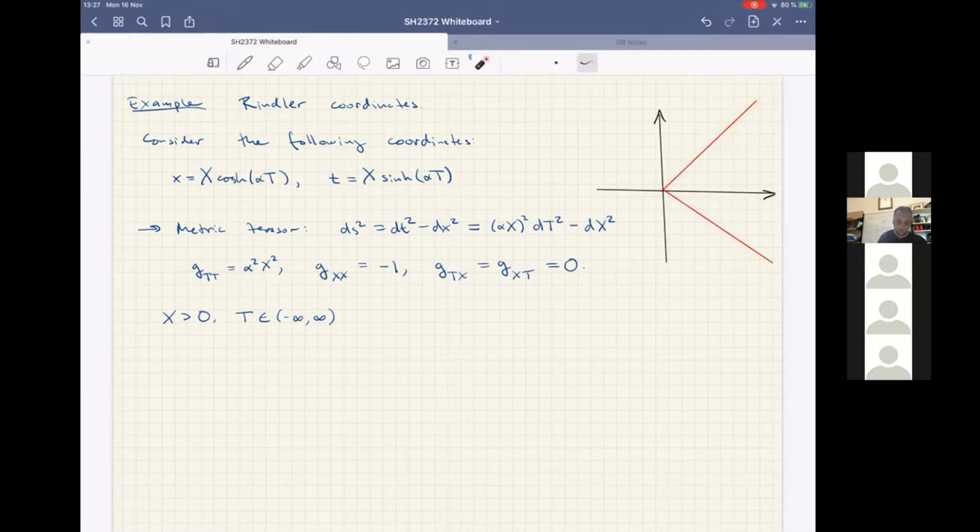And the coordinate lines going out like this are the coordinate lines of the x coordinates, right?